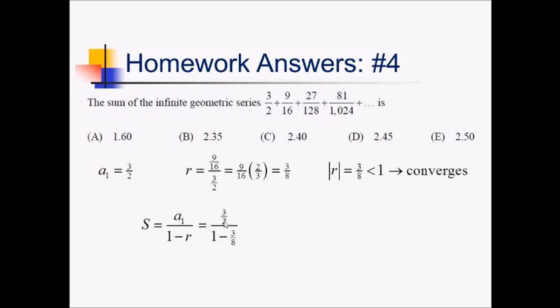So 3/2 over 5/8. Same change flip, we've got 3/2 times 8/5. And normally I would reduce, but I'm not going to on this one, and you'll see why. So this is 24 over 10 initially. And the reason I left it with a 10 down here and didn't reduce it is because 10 is really easy to divide by. 24 over 10, that's just 2.4, which I needed to do without a calculator to match answer choice C.